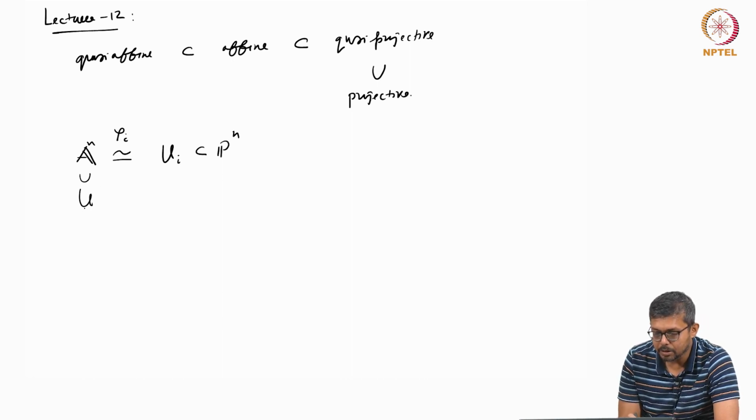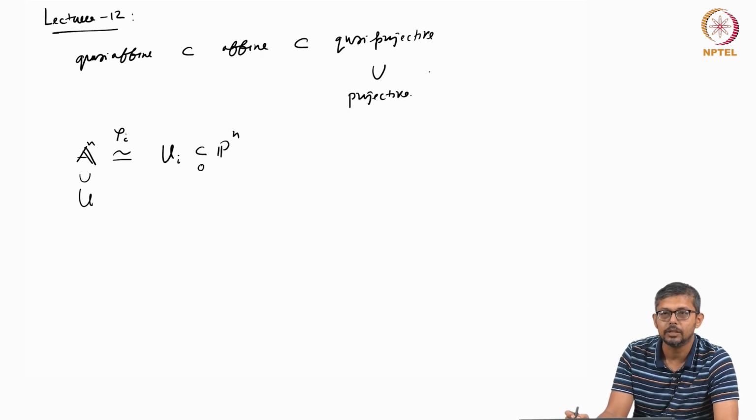So phi_i will send this U to some open subset of U_i, but this U_i is open in projective variety. So that will say that phi_i of U is open in P^n. So it's a quasi-projective variety. That's how a quasi-affine can be thought of as a quasi-projective.